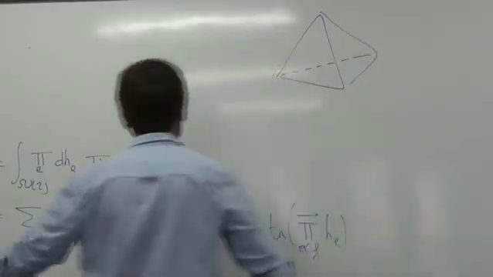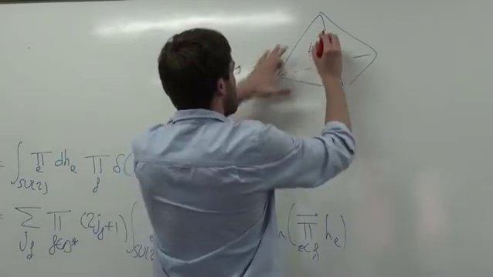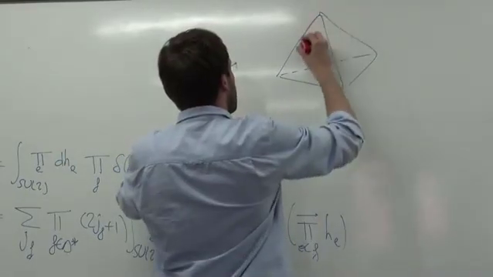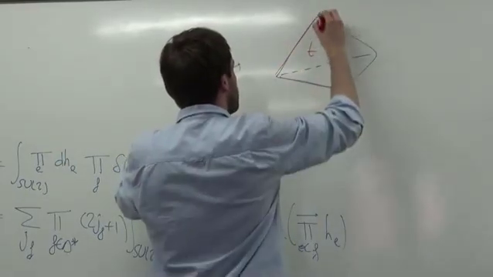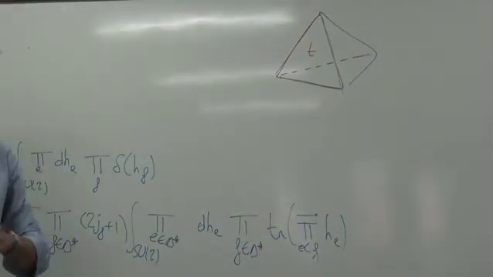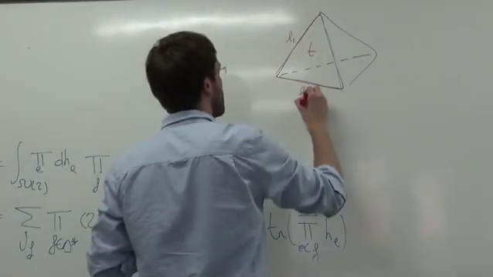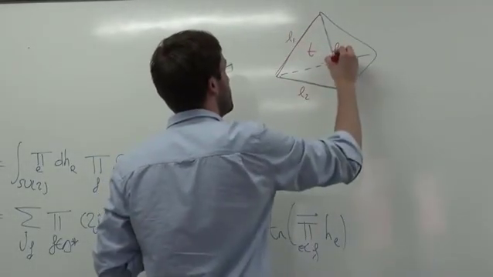So I have this triangle with the tetrahedron here. But this triangle is bounded by 3 links. So you have the link L1, the link L2, and the link L3.